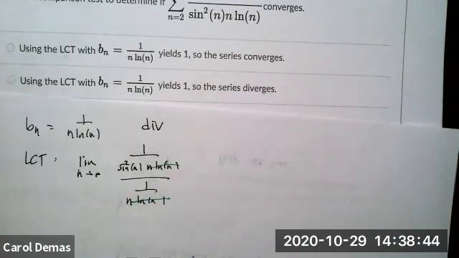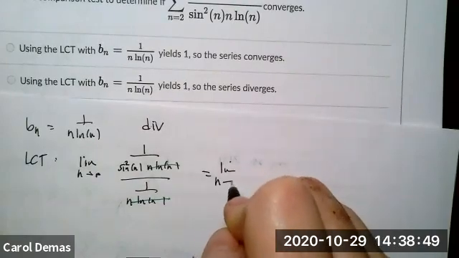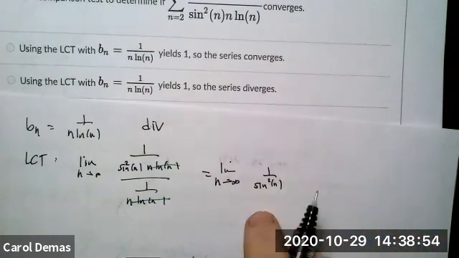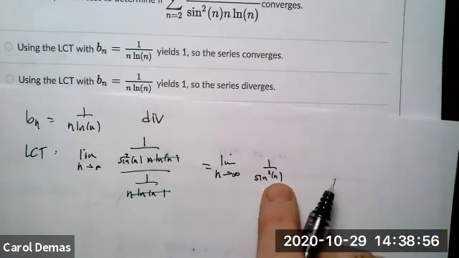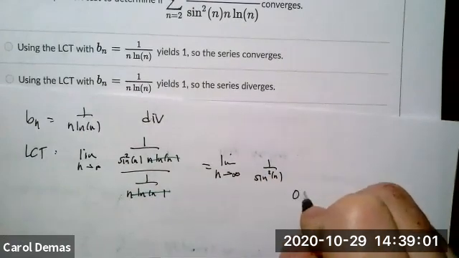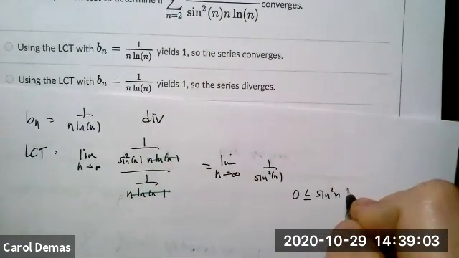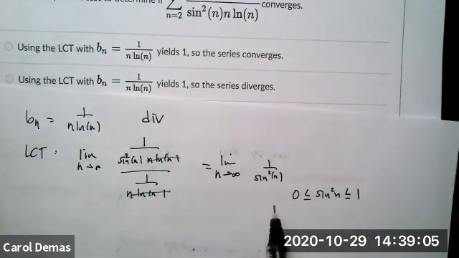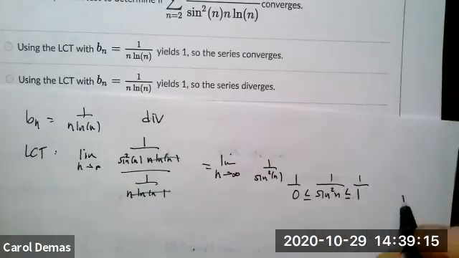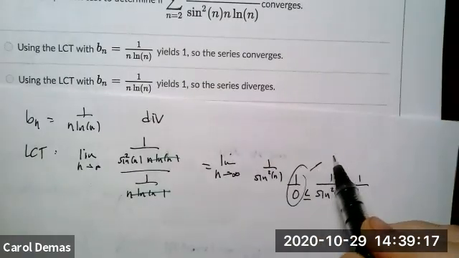What does that give us? Now we know that sine squared of n is between 0 and 1. So if we're dividing by that, this goes to infinity, doesn't it?